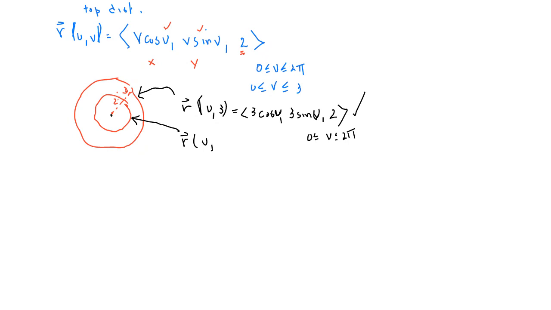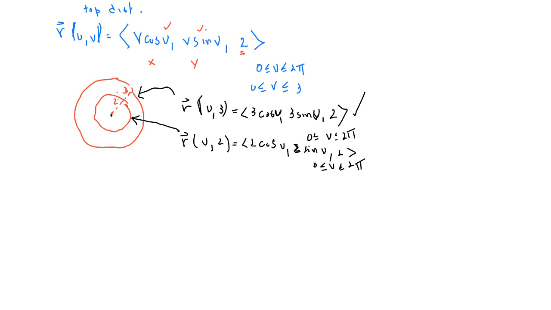R sub u of 2 would be 2 times the cosine of u, 2 times the sine of u, and 2. And of course, u is between 0 and 2 pi.